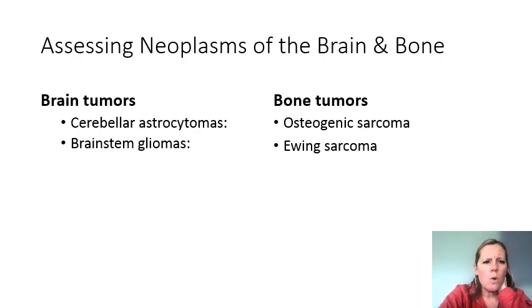Your bone tumors, these osteogenic sarcoma and Ewing sarcoma, these are the two most common that you're going to see with the bone tumors. What you're going to see with the osteogenic sarcoma, these kids are your taller than average type kids, and they're going to complain of painful, swollen sites, possibly inflamed, feeling warm.